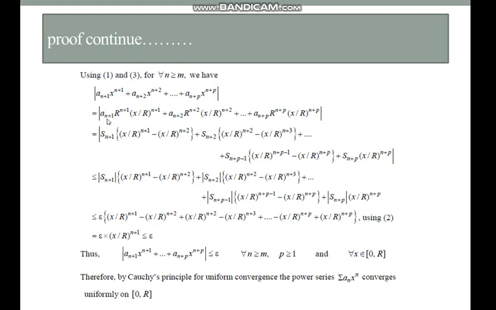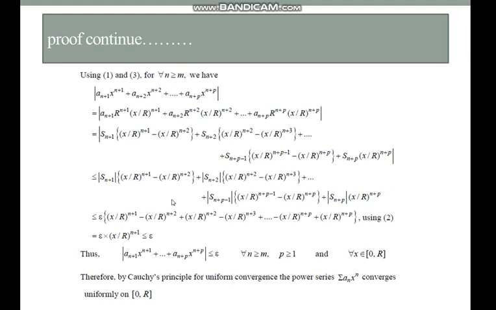This is equal to the modulus of a_{n+1} R^{n+1} (x/R)^{n+1} + ... + a_{n+p} R^{n+p} (x/R)^{n+p}, and this is equal to s_{n1} {(x/R)^{n+1} - (x/R)^{n+2}} + ... + s_{np} (x/R)^{n+p}, modulus value, and this will be less than or equal to the modulus of s_{n1} ((x/R)^{n+1} - (x/R)^{n+2}) plus the modulus of s_{n2} ((x/R)^{n+2} - (x/R)^{n+3}) up to s_{np} (x/R)^{n+p}.